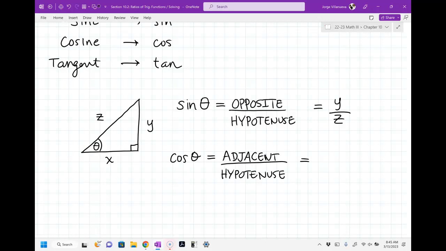We know the hypotenuse has to be the longest side, so our Z value. Adjacent by definition means next to. There are two sides next to the angle, the X and the Z. But the Z is already called the hypotenuse, so that means X has to be the adjacent side. Right now we'll label all that stuff. So X over Z.